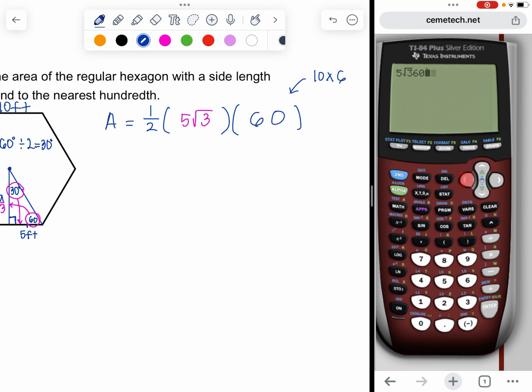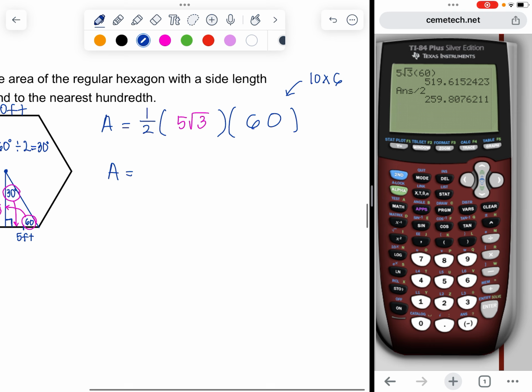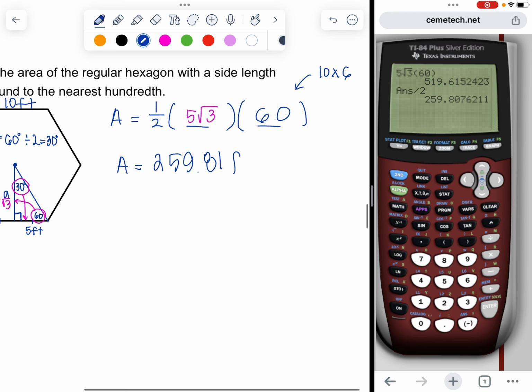Oh, but that's not going to work. So let me get a parentheses, 60, parentheses. All right, so 5 root 3 times 60, and then I have to divide that by 2. Hit enter, and I get 259.81. So the area is 259.81. And then remember, this was feet times feet, so it's feet squared.